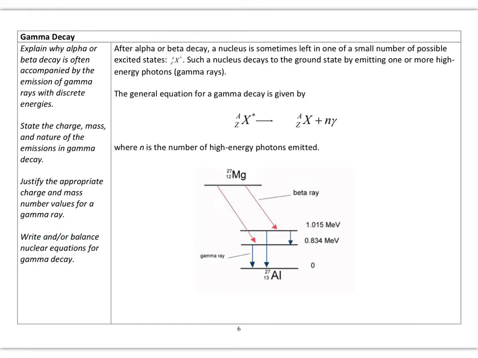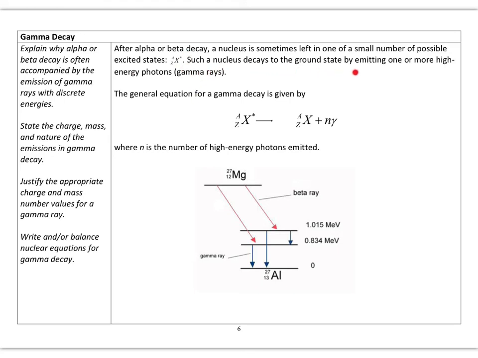So I just want to finish by talking a little bit more about the energy levels within the nucleus as opposed to the atom, and basically what happens with gamma decay. So we've talked that with alpha and beta decay we also get gamma decay. So after alpha or beta decay, a nucleus is sometimes left in a small number of possible excited states, often indicated with a star.